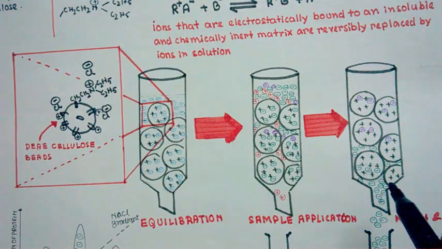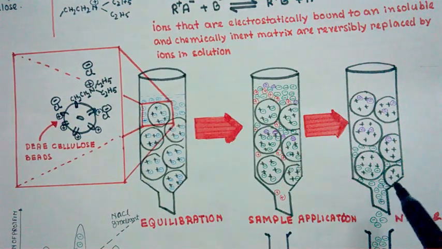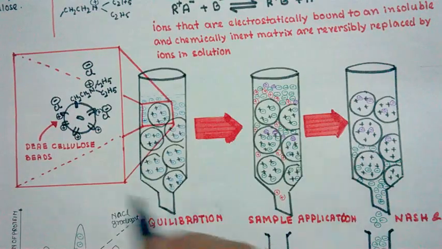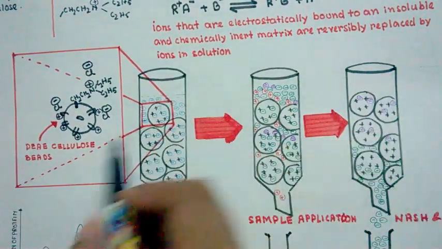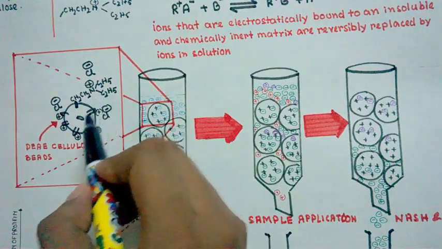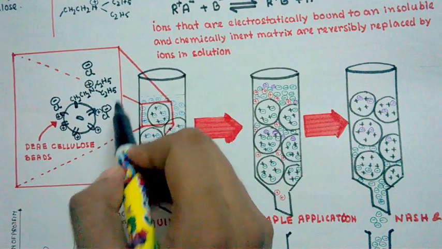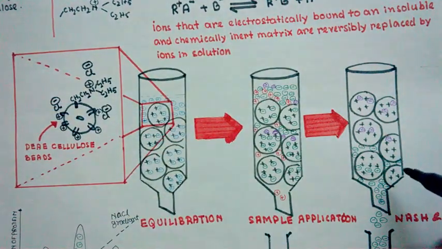Even at a lower NaCl concentration, the proteins which have low negative charge would be eluted. When we increase the concentration of chloride ion in this last step, the proteins bound here would be replaced by chloride, and the protein would come out from the column.